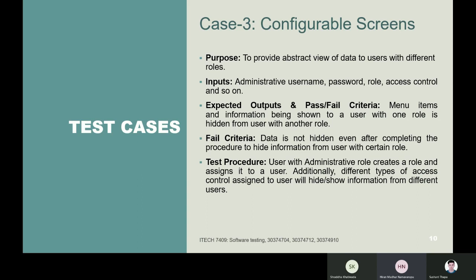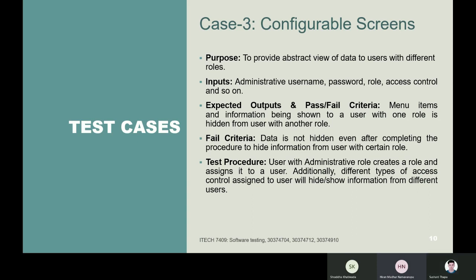The expected output is that the whole screen should be viewable by the user whenever the competitor is accessing a particular screen. The failure is if the data is not hidden properly from the user. Whatever we have to show the user should be available to the user. The test procedure is that administrative roles create a role and assign it to the user. Additionally, different types of access control assigned to a user will hide or show the information.